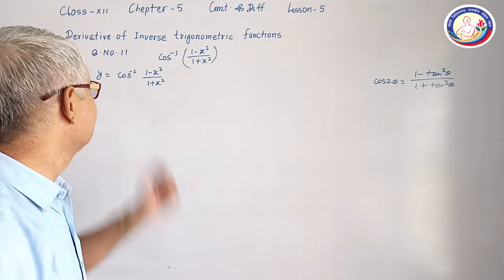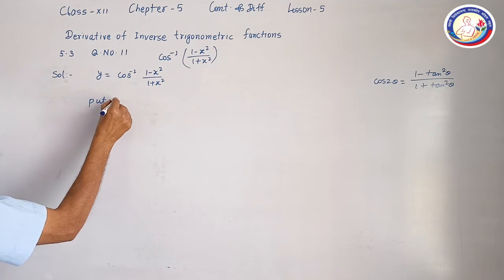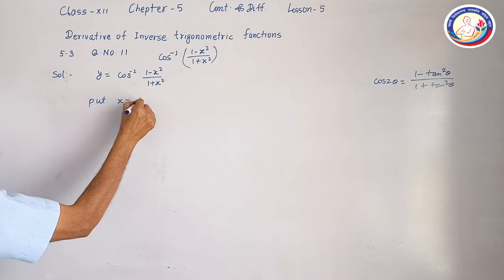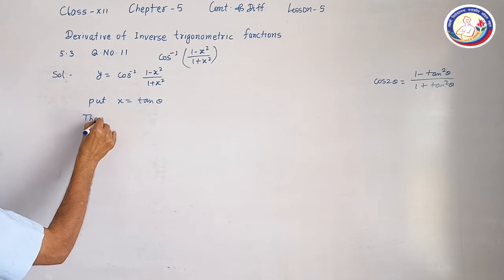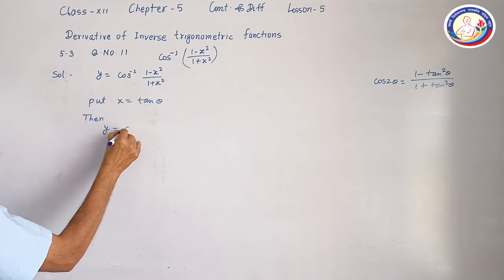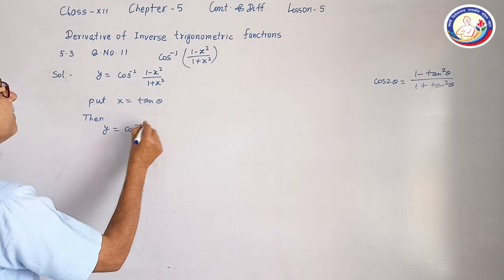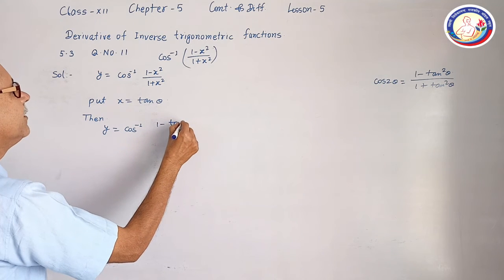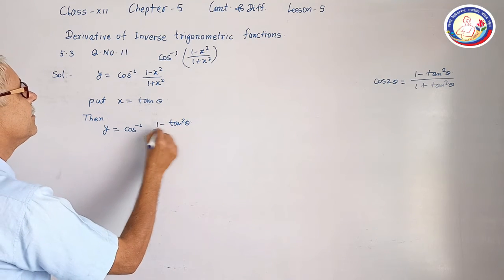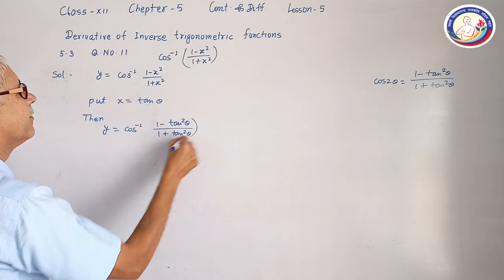If we put here x equal to tan theta, then y will be equal to cos inverse of 1 minus tangent square theta divided by 1 plus tan square theta.